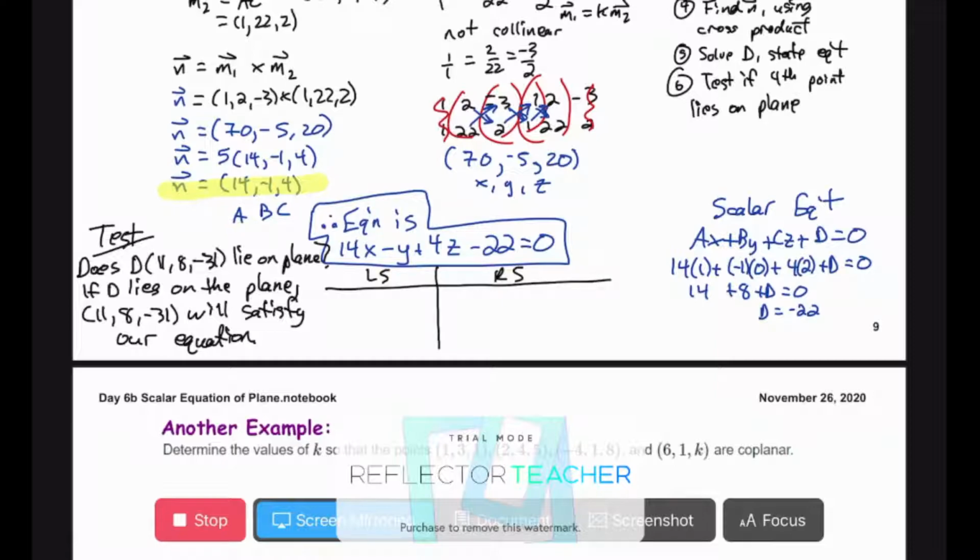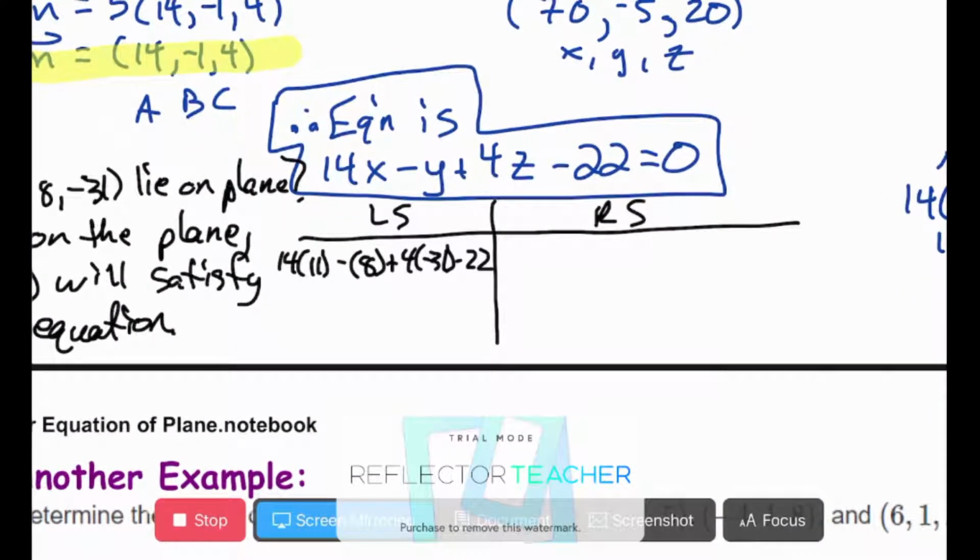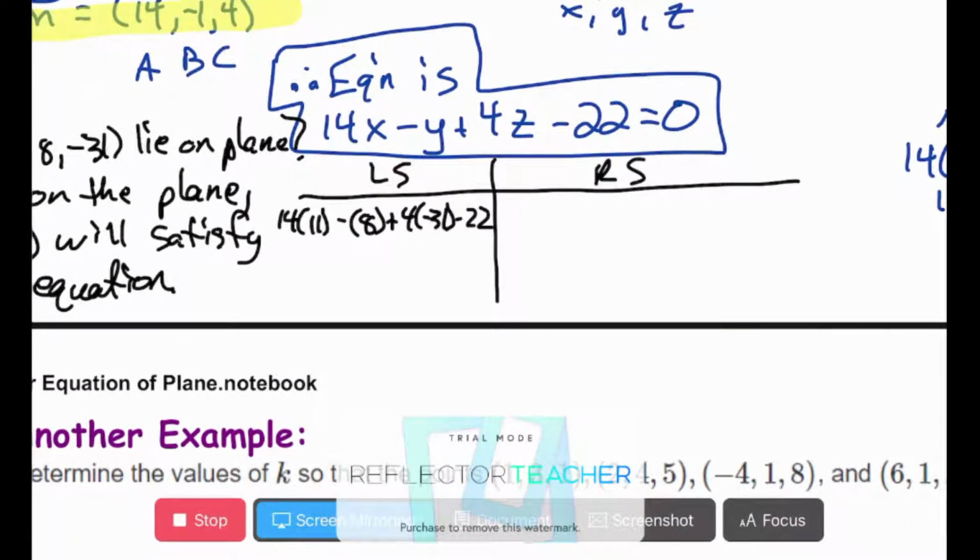Left side is 14 times x, which is 11, minus y, which is 8, plus 4z, which is negative 31, minus 22. Let's calculate. What am I going to get? 14 times 11 minus 8 plus 4 times negative 31 minus 22 equals 0. And my right side of my equation also equals 0. Therefore, left side equals right side.